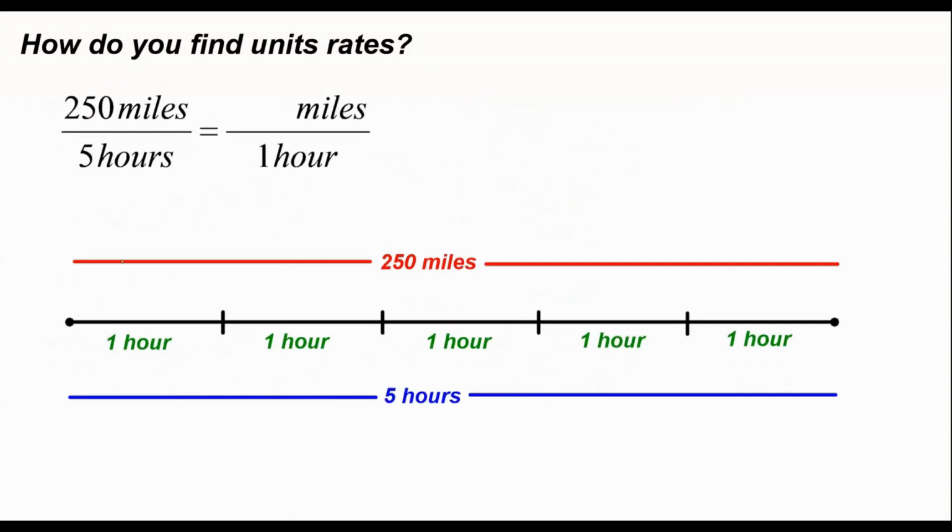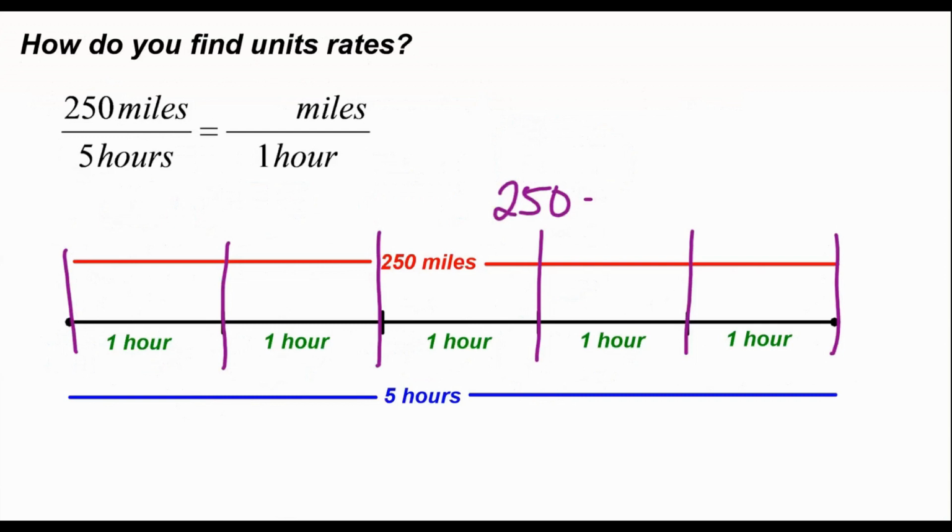So what we need to do is divide our 250 miles into 5 equal pieces because it's 5 hours. So really we're going to use division. 250 miles divided into 5 equal groups is 50 in each group. So that would be 50 miles for every hour that we're traveling.